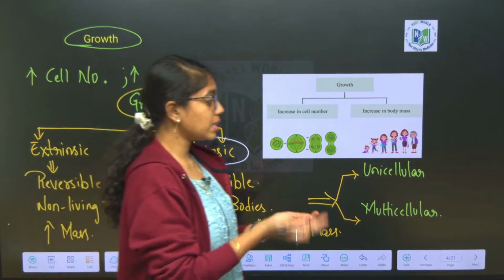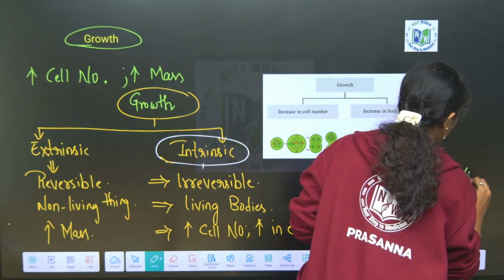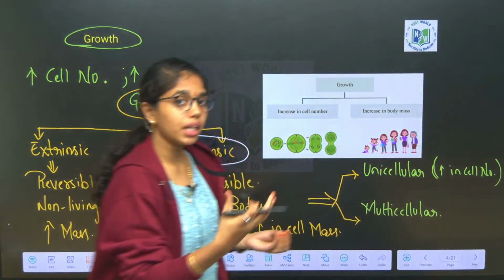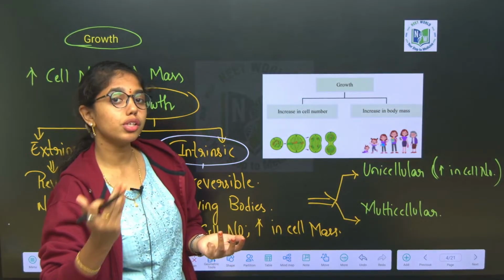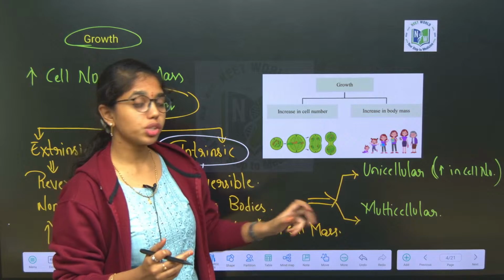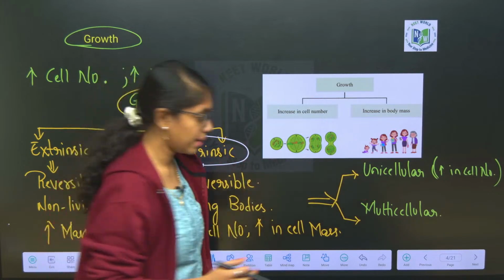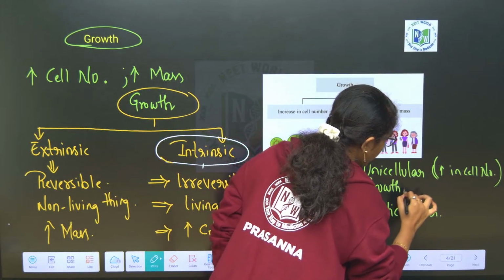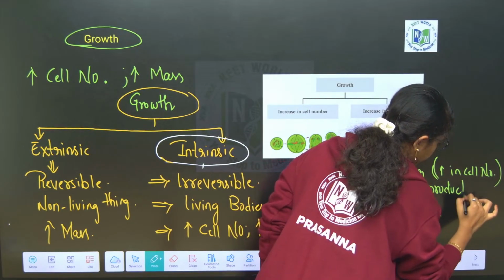As the cell number is increasing, growth is happening, and simultaneously reproduction is also happening. So, growth and reproduction are mutually inclusive in unicellular organisms. Here growth is synonymous to reproduction in unicellular organisms, remember that, beta.